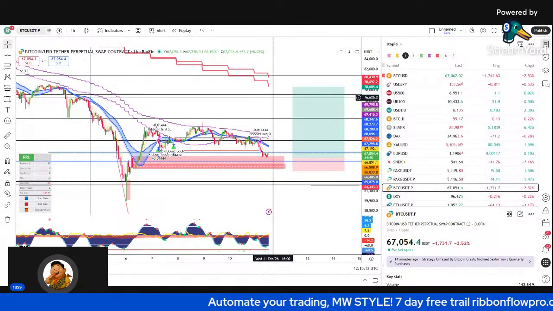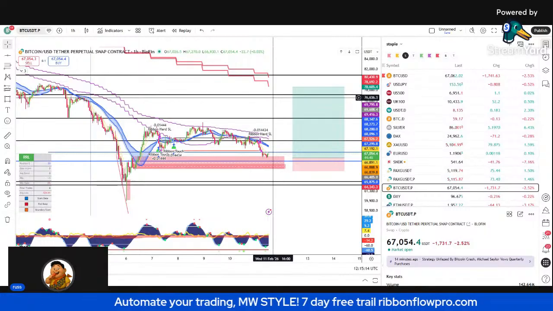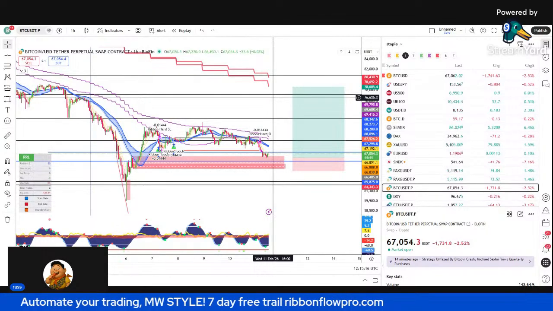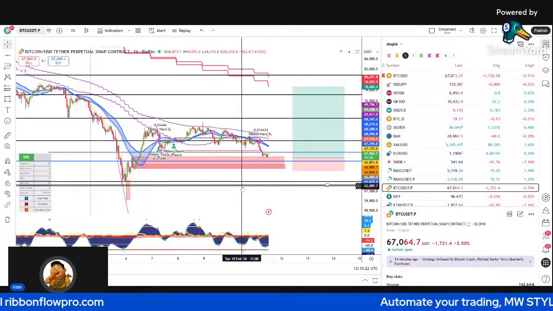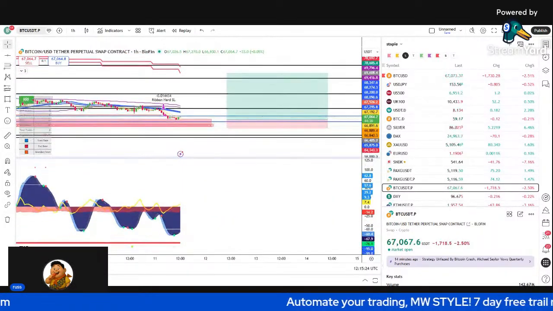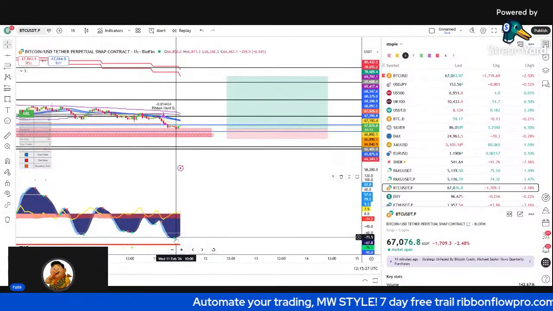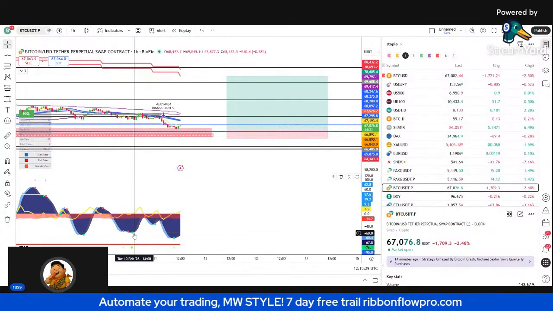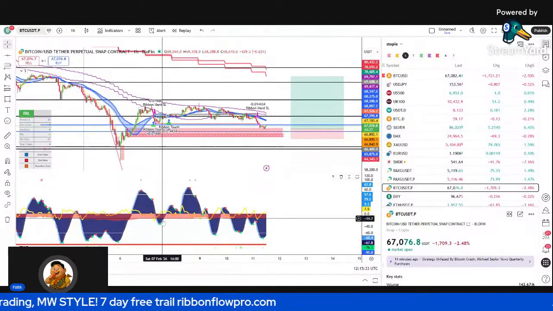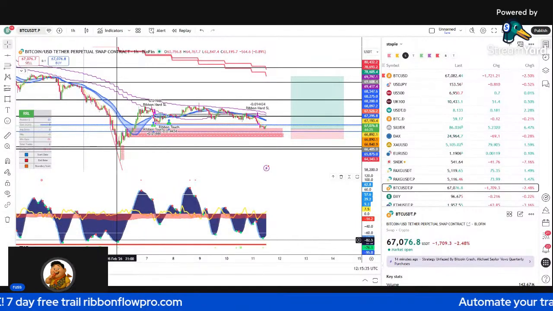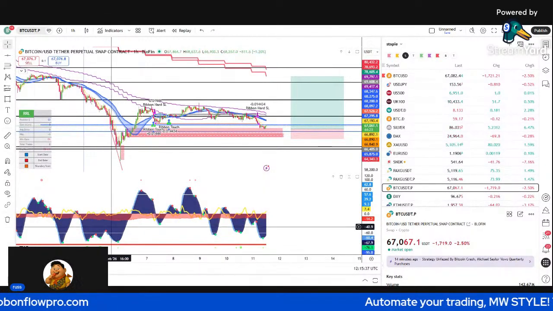Also, guys, if you want to just take a second to look at my indicator at the bottom, this indicator down here, you can see that these green circles are signaling where to buy. And it did say buy here. There was a little buy there, a little buy there. This thing is actually so good at trying to get positions under the ribbon.